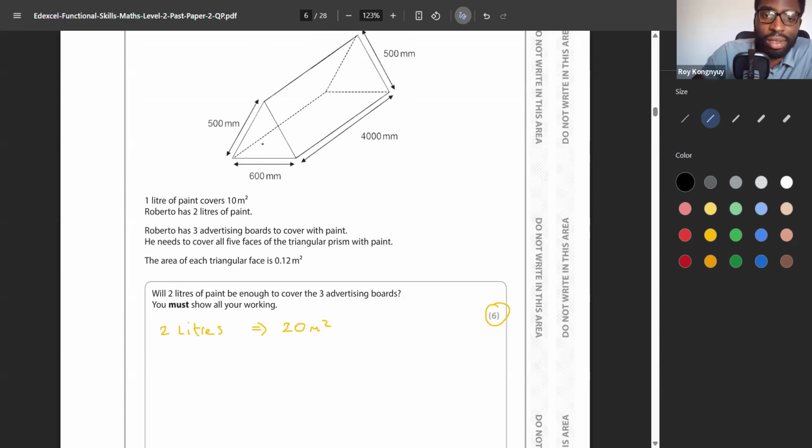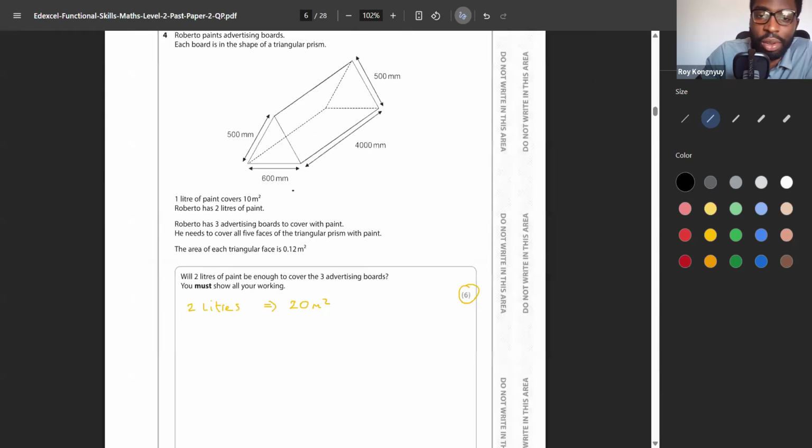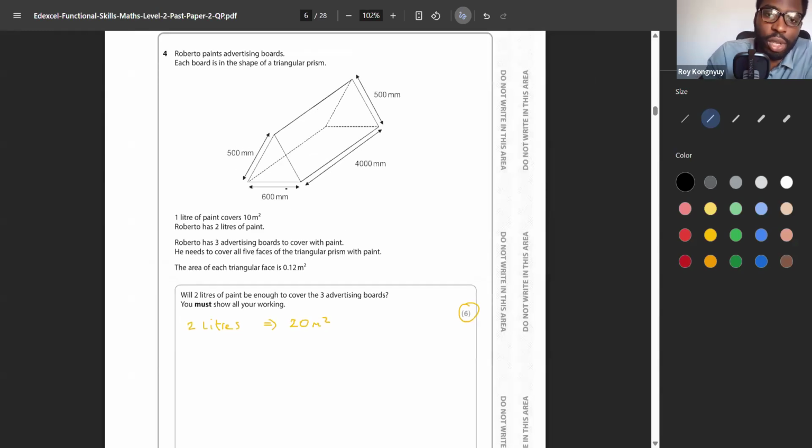To do that, we can just look at this diagram and figure it out. We're told that each triangular face is 0.12 meters squared. And notice there's 2 of them.